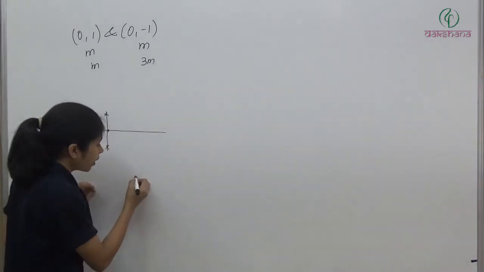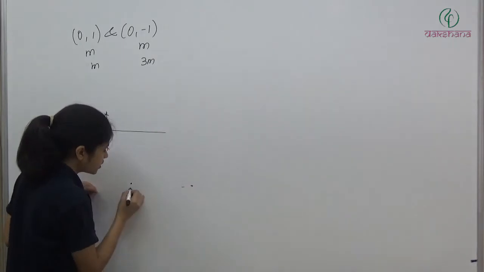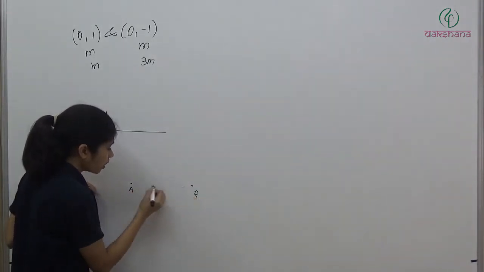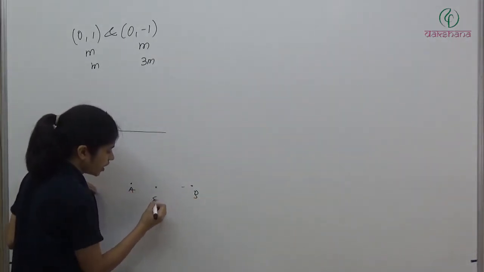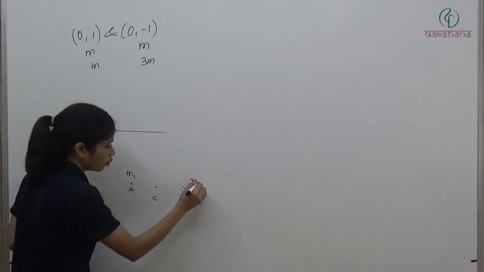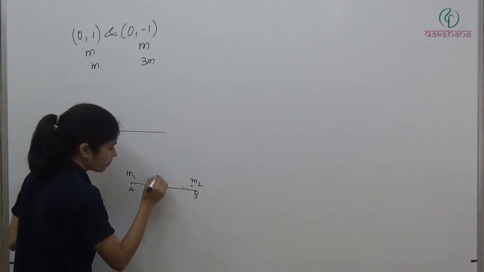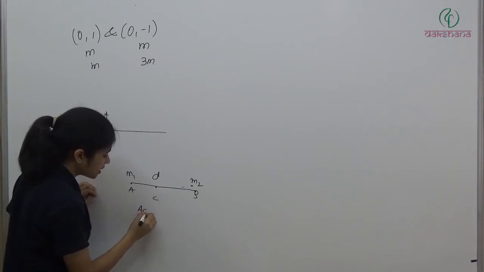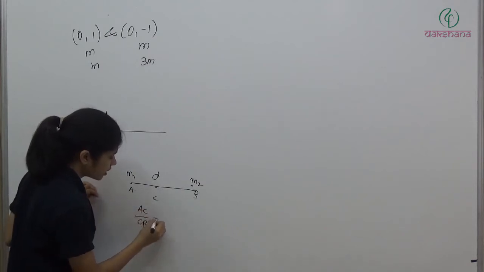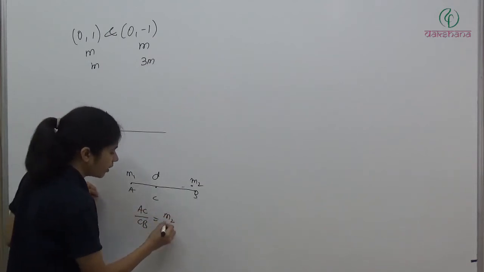What did we see? If we have two particles A and B, and this is the center of mass location C, this is m1, this is m2, and this total distance is d, then what we had got? AC divided by CB is equal to m2 divided by m1.